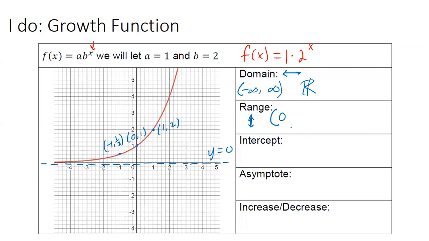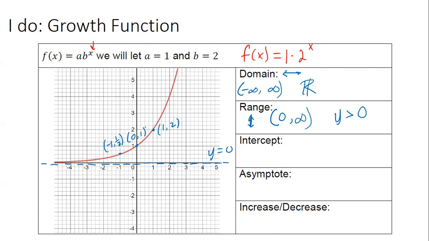And then it goes on forever to infinity. We can't contain infinity, so we write it with parentheses. Writing this as an inequality, it would be y is greater than 0. Not equal to 0, but greater than 0.